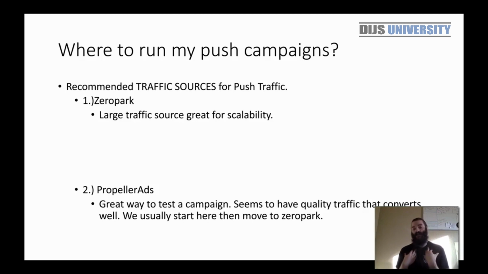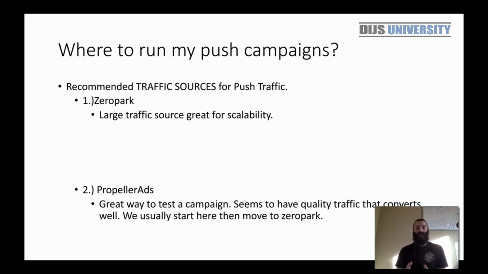I like to typically start on Propeller Ads. I think they have really good quality traffic for my offers. They convert really well, typically for any offer that I promote. And it really lets me know if the campaign overall is going to be a good campaign to run and if I should even scale it to begin with.